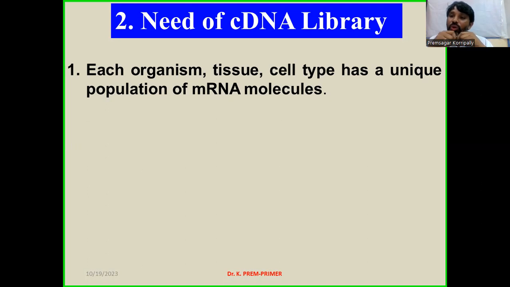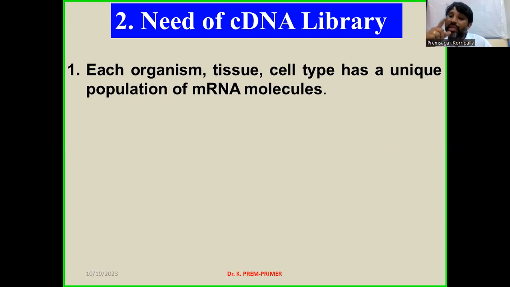Right? So when you expose the cell to a very adverse condition, automatically the population of mRNA varies. That's why, to understand the role of genes which are responsible for tolerance or adaptation or stresses, we have to isolate mRNA.